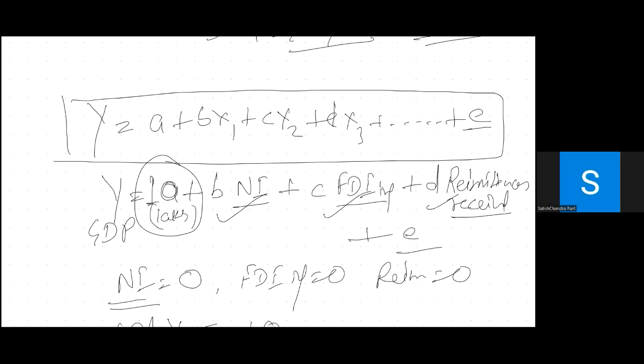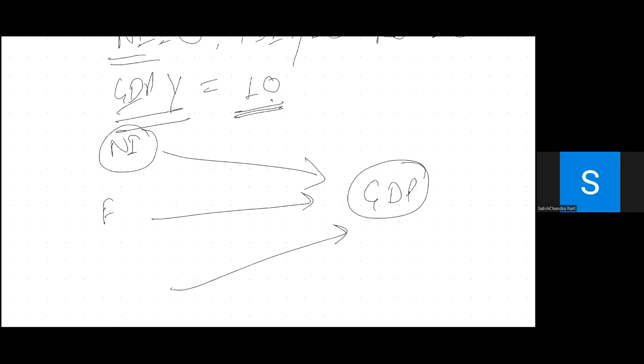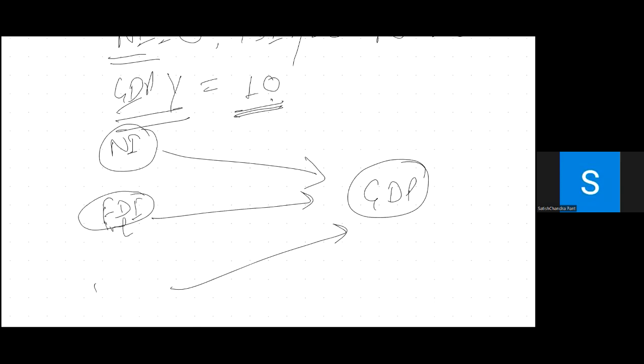Okay, just take a conceptual model for the same model. So this is the GDP. What we wanted to show is that GDP is depending on three independent variables: national income, second, FDI inflow, and remittances received.